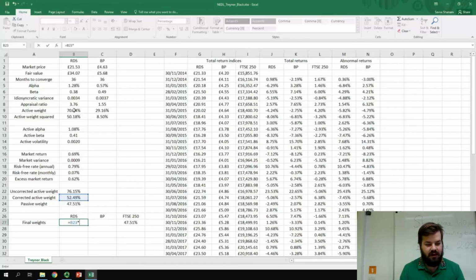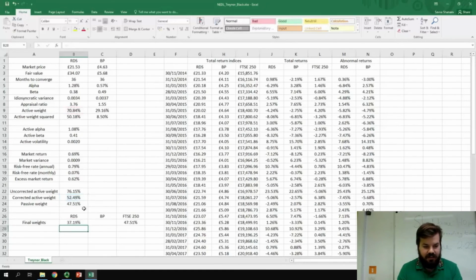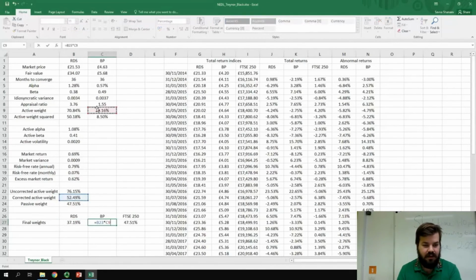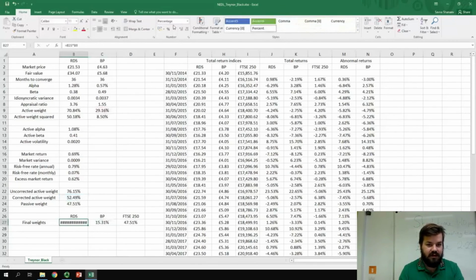So as we allocate 52% of our capital to active investment and 70% of our active investment towards Royal Dutch Shell, we need to multiply the 2 and get the proportion of total capital that we invest in Royal Dutch Shell. And we apply the same for BP, and we find that we need to invest 37% of our capital into Royal Dutch Shell, 15% of our capital into BP, and 48% of our capital to FTSE 250.